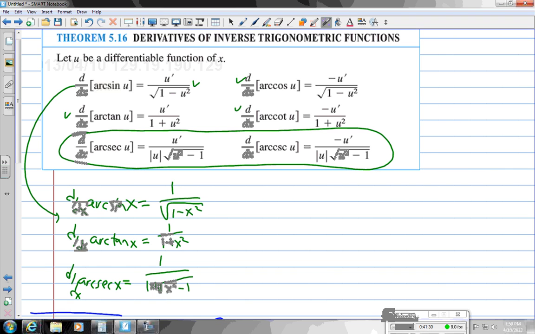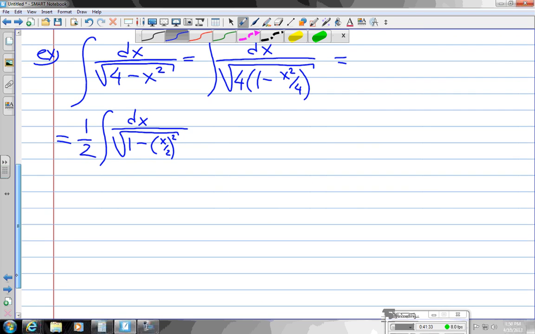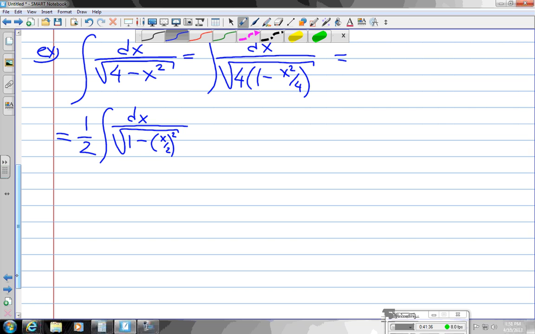Right? Well, if I go back, what is that function? What is u? X over 2. And what's the derivative of x over 2? 1/2. So I kind of have that as well, right? We're just so used to kicking the constants out, but really, that's my u prime. Even if I don't notice it and I start doing the u substitution, I'll say let u equal x over 2, then du equals 1/2 dx.